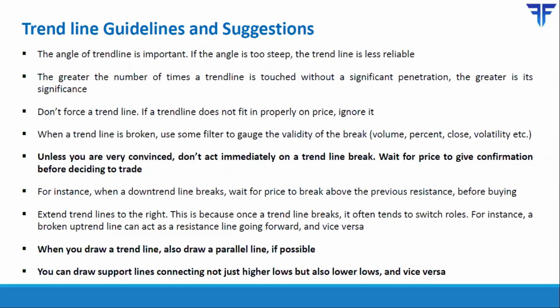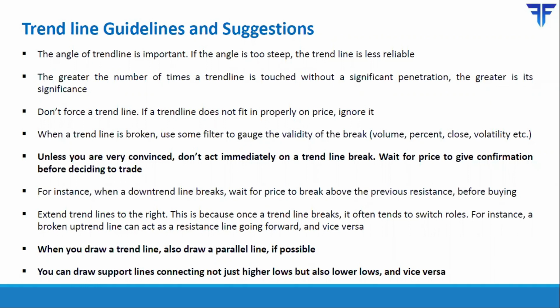But still, if you want to act early, or if you are pretty convinced that a trend reversal is likely to follow, then you should be looking for some other parameters, such as, is the volume expanding? So for instance, if a trend line breaks and if there is a sharp expansion in volume, now that increases the odds that the trend could reverse. However, if the trend line is breaking, but it is not accompanied by an expansion in volume, then the chances of trend reversal will be relatively low. So these are the aspects that you could consider when trading trend lines.